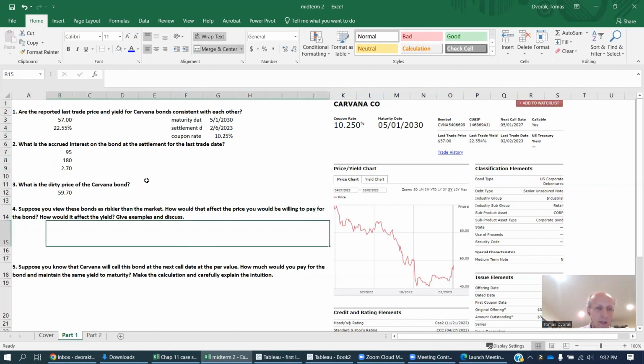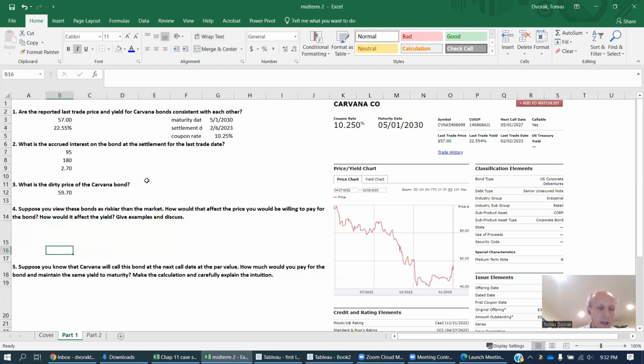Suppose you view these bonds as riskier than the market. How would that affect the price you're willing to pay for the bond? How would it affect the yield? Give example and discuss. So if I view this bond as riskier than the market overall, I'm going to require a higher yield to compensate me for that additional risk that I perceive. And so I would pay less.